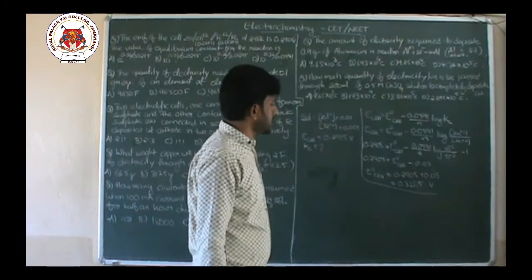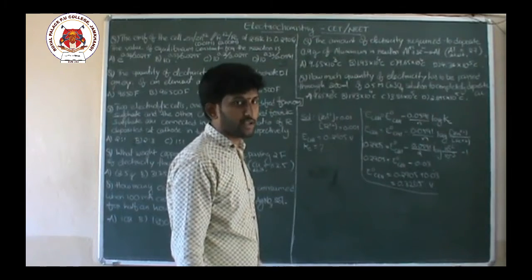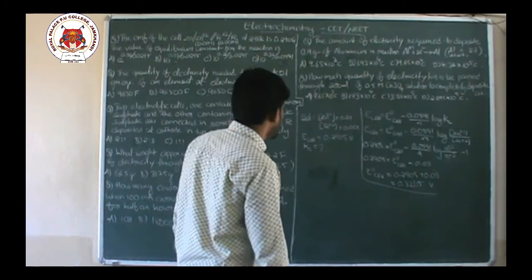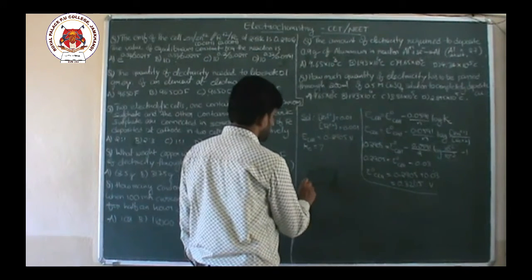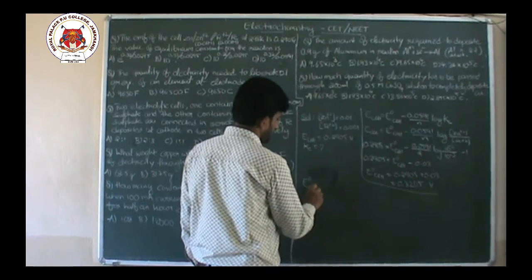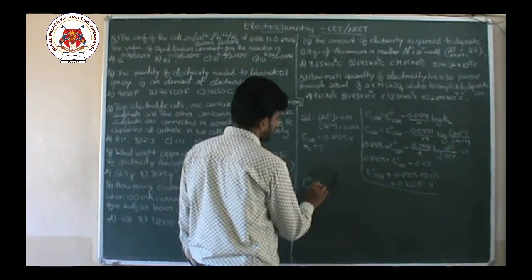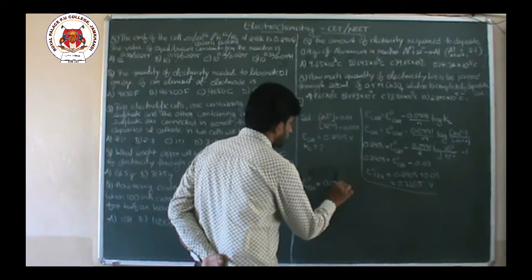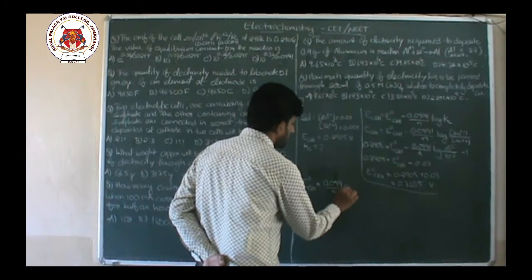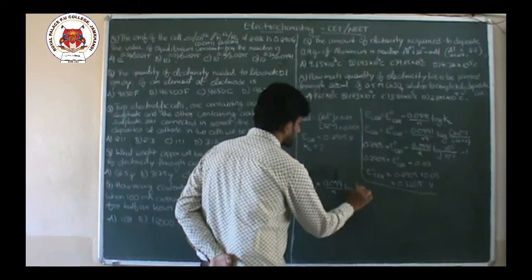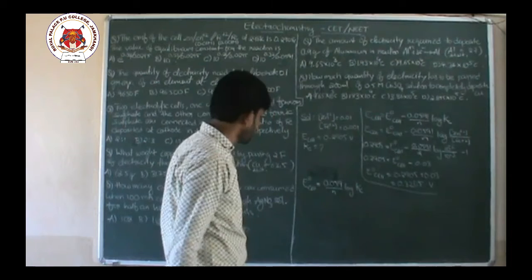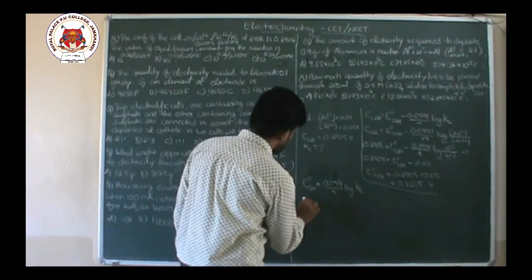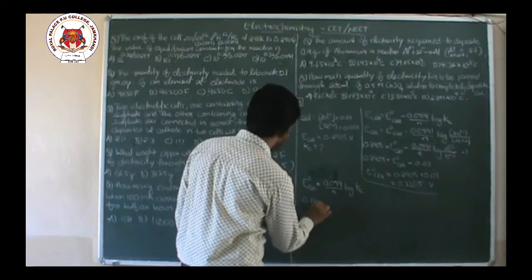Now, if you know the E naught cell, you can find out the Kc value. So, how to find out the Kc value right now? You know that E naught cell is equal to 0.059 by n log Kc. Now from this, the E naught cell value is 0.32.